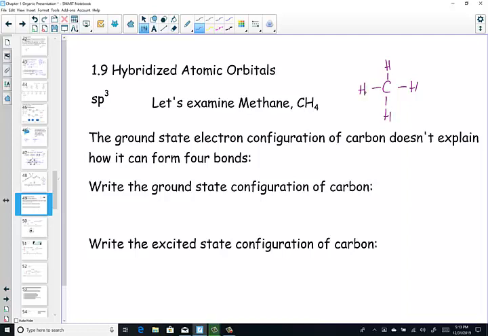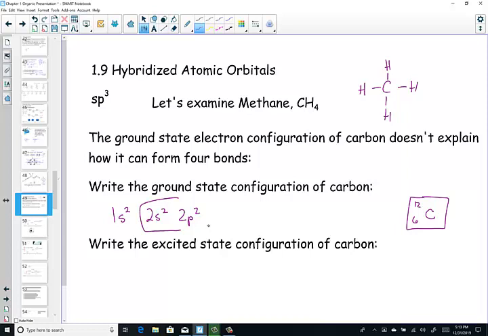If I write the ground state configuration for carbon, just to remind ourselves, carbon is number 6 on the periodic table, so we need to write 6 electrons in its configuration. 1s2, 2s2, 2p2 gives us 6 electrons.